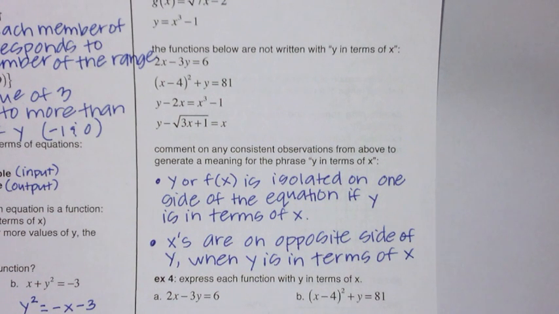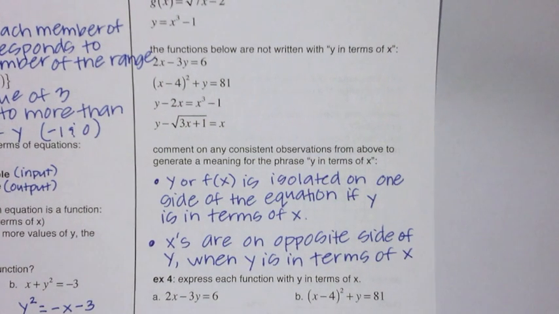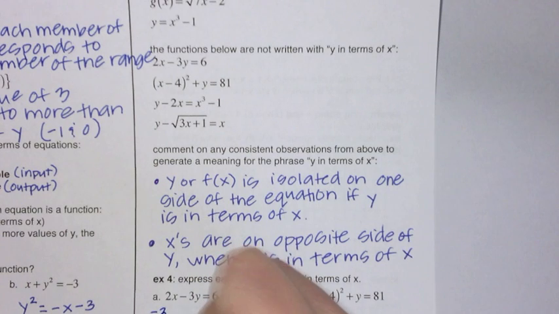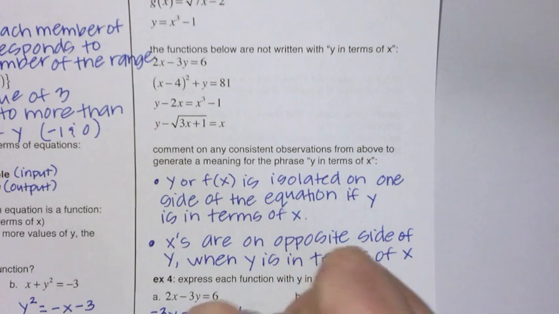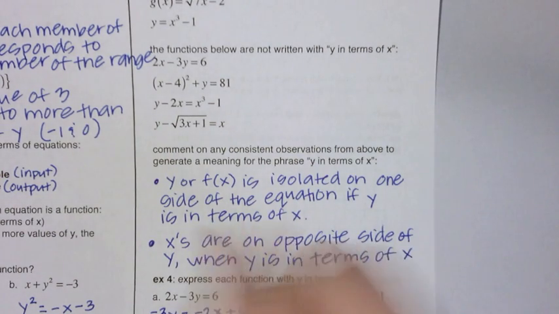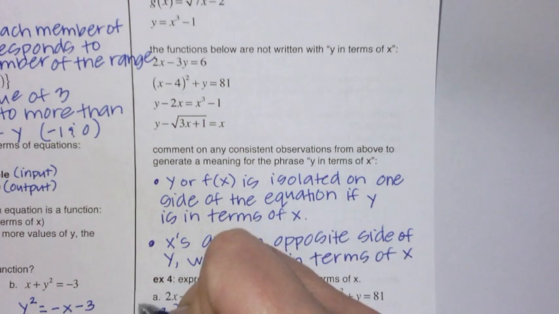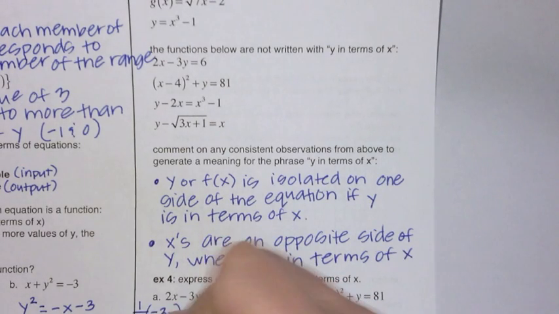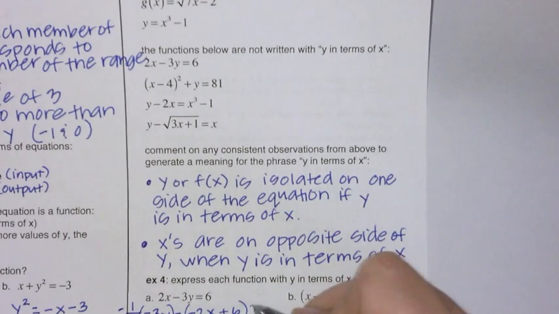Okay, so example 4, it just goes right back to what we were doing, except I'm not asking you if it's a function. I'm asking you to put y in terms of x. So we just have to solve all of these for y. So what I was saying before is a lot of times students like to divide by -3 there, but when I see fractions going to be present, I like to multiply by the reciprocal because it's the same thing.